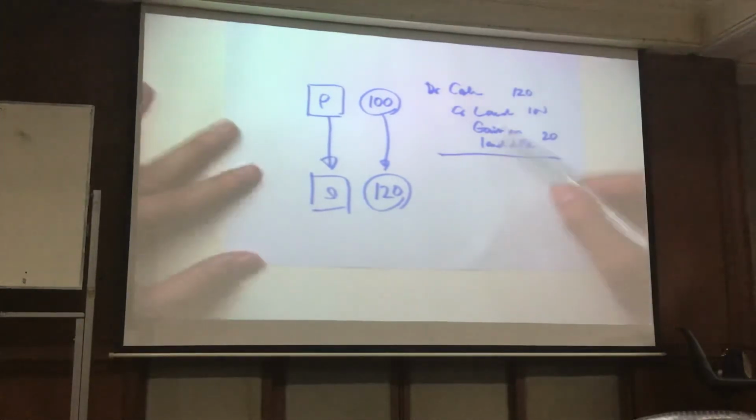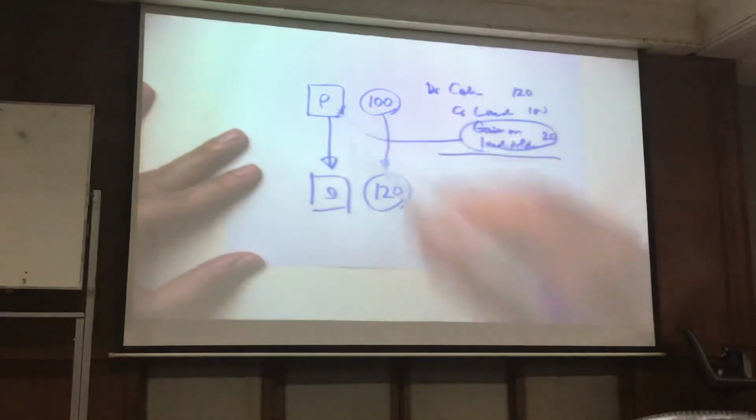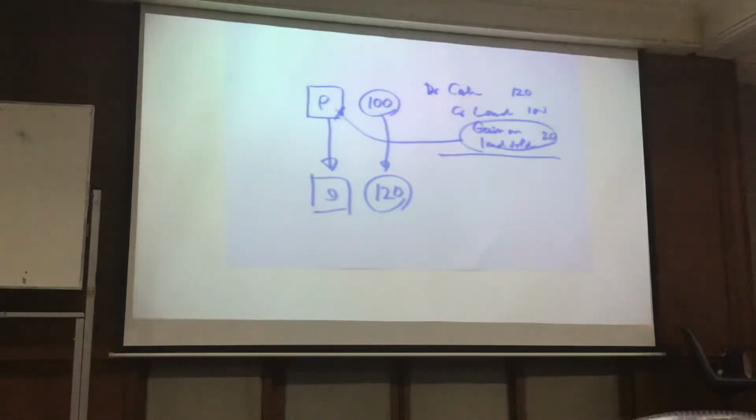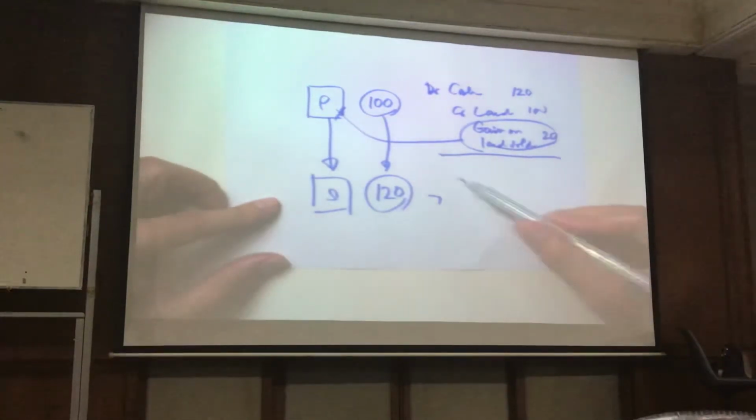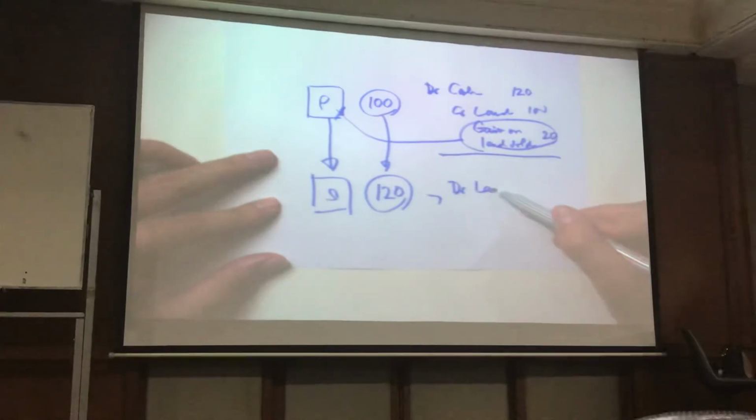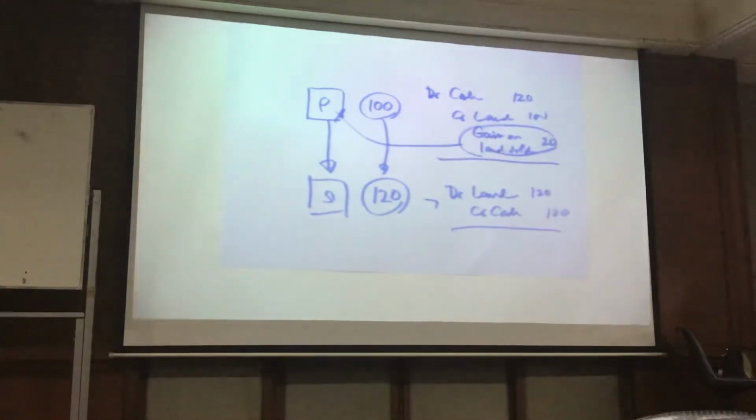So in this case, the gain is reported in the parent financial statement. And when the subsidiary records, they debit land, credit cash at 120, because this amount that they pay is net, and they record the land at the cost that they bought from the parent at 120.